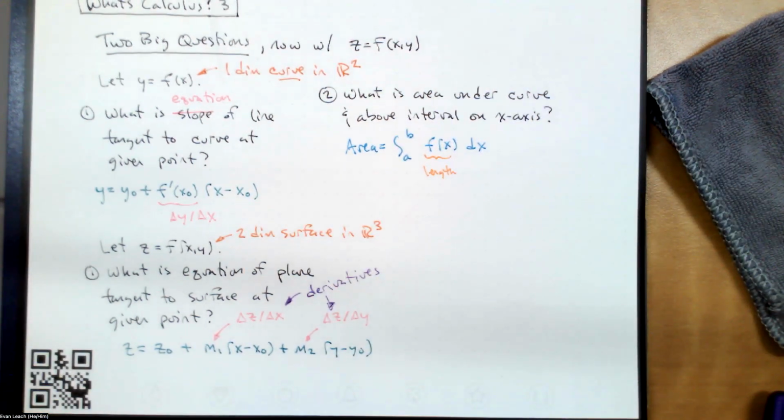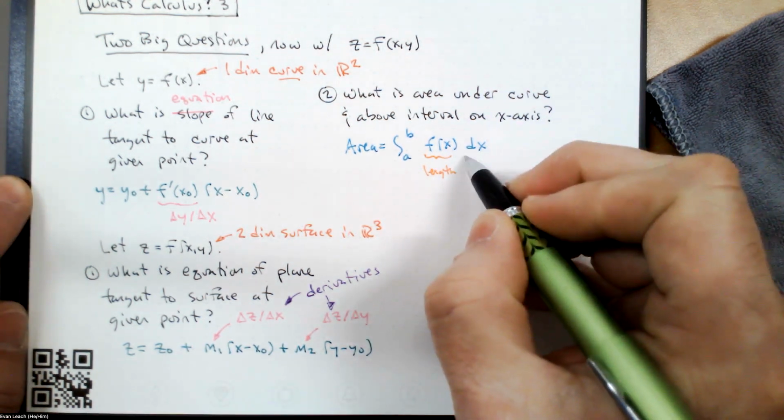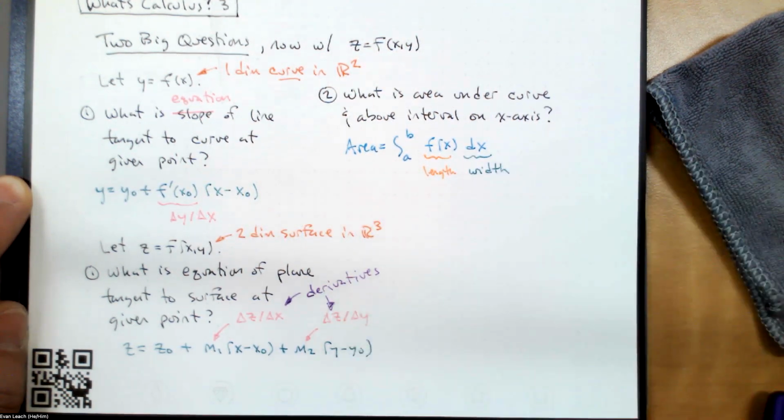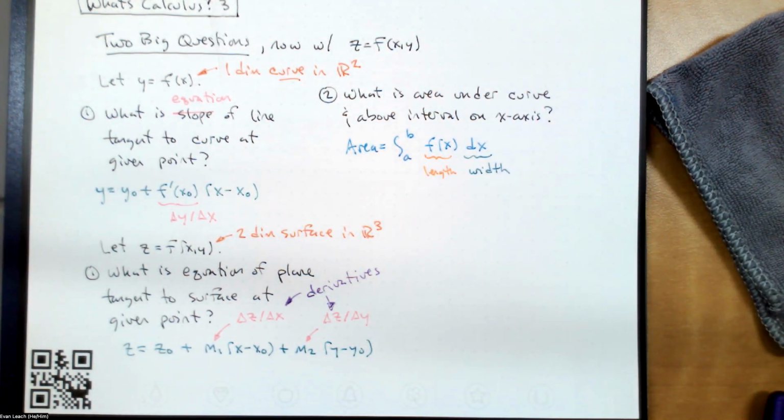The reason that we have to do this is that length is not constant, so we can't just multiply. It's variable, so we have to add. It's continuously variable, so we have to continuously add. Continuous addition is the definite integral. So we have a length times width, and we're evaluating that length times width at all the values of x from a to b.